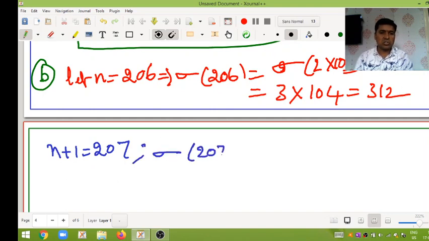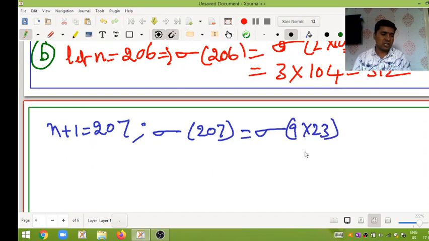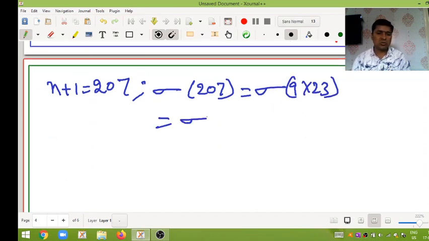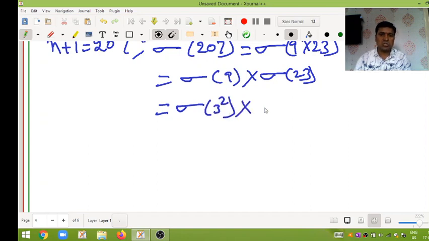Sigma of 207, converted into factors, that is 9 into 23. 9 into 23, that is equal to sigma of 9 into sigma of 23, my dear students. So sigma of 9 and sigma of 23 we want to find. So sigma of 9 value, how much? I am writing sigma of 3 square into sigma of 23.